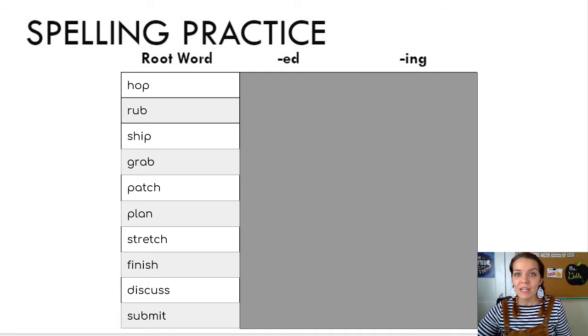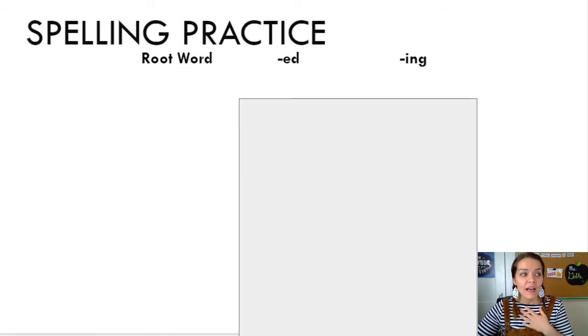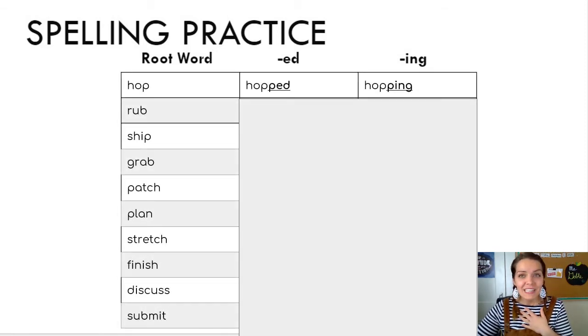So our first word becomes hopped and hopping. So type hopped and hopping. You'll notice we had to add a P onto the word hop when we added our suffix.